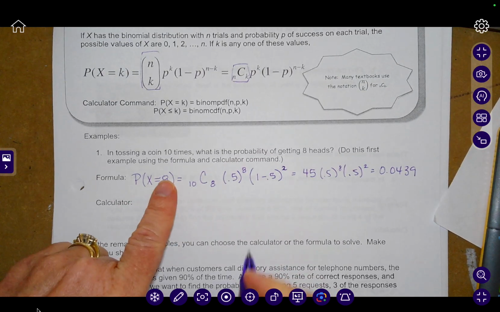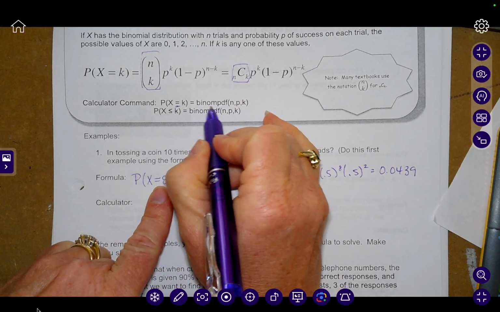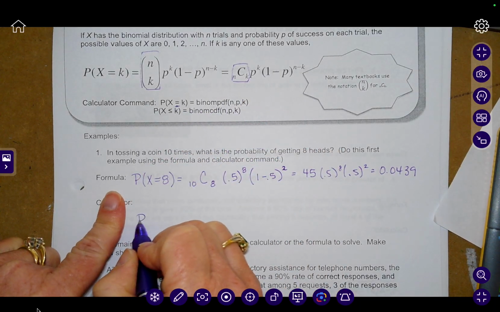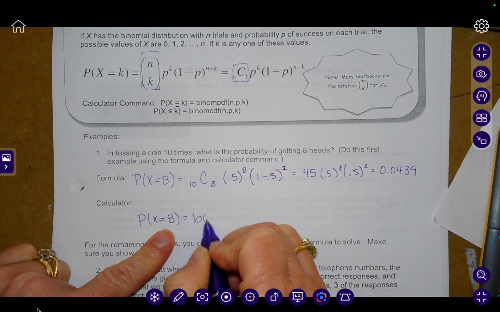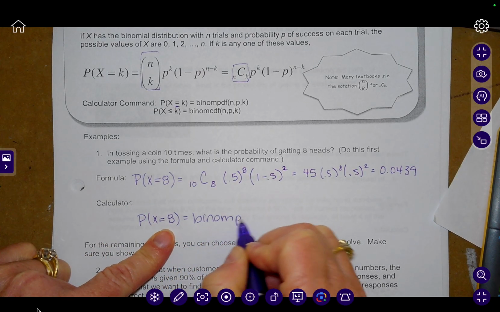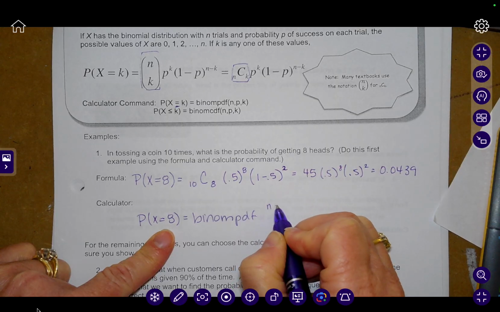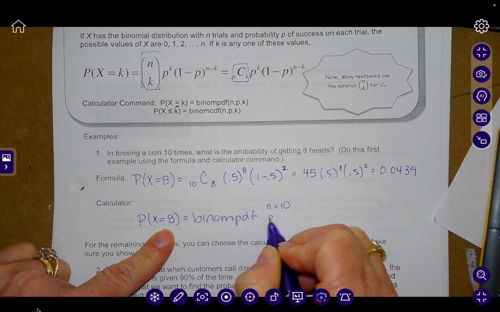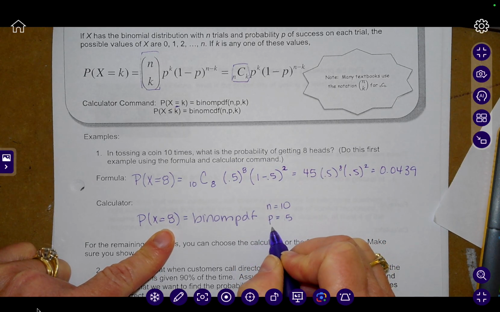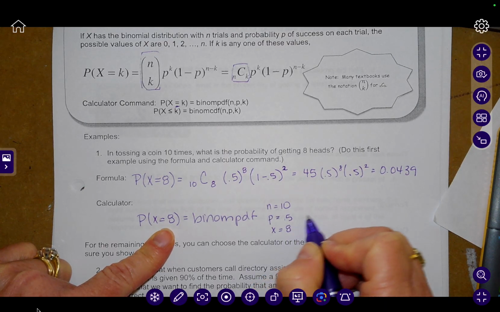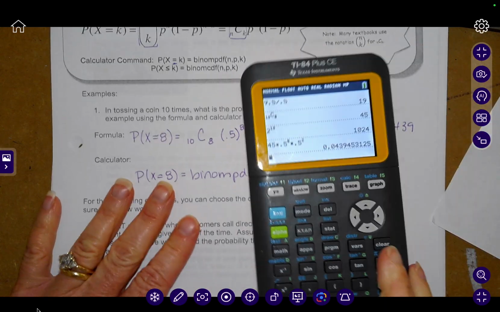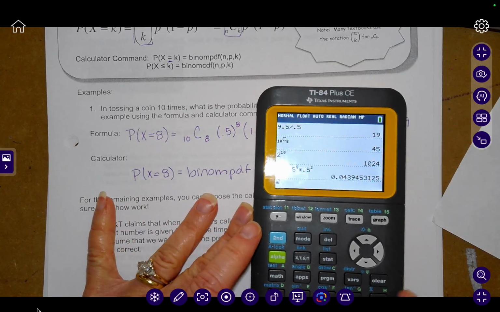Alternatively, this is an equal to. There's a calculator command. So it's binomPDF. You're going to tell me n is equal to 10, p is equal to 0.5, and I'm going to call it x because that's what the calculator calls it, is equal to 8. So where you find this is the same place you found your normal CDF.